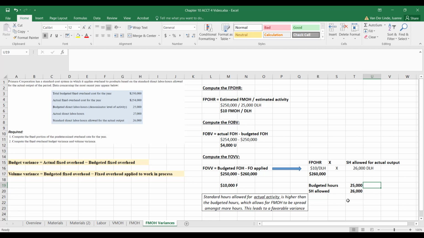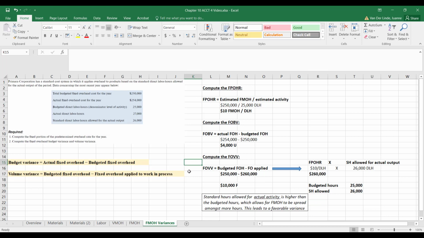When it comes to fixed overhead, at least on a per unit basis, when we expand that discussion on how a fixed cost behaves, remember in total an actual fixed cost will remain the same, all other things held constant, but per unit, it varies inversely based on how activity changes. So the more units of activity you have, the smaller that fixed cost per unit. And when it comes to fixed overhead, the higher the activity, the better, because that means we're able to spread that cost amongst more units of activity versus less units of activity.